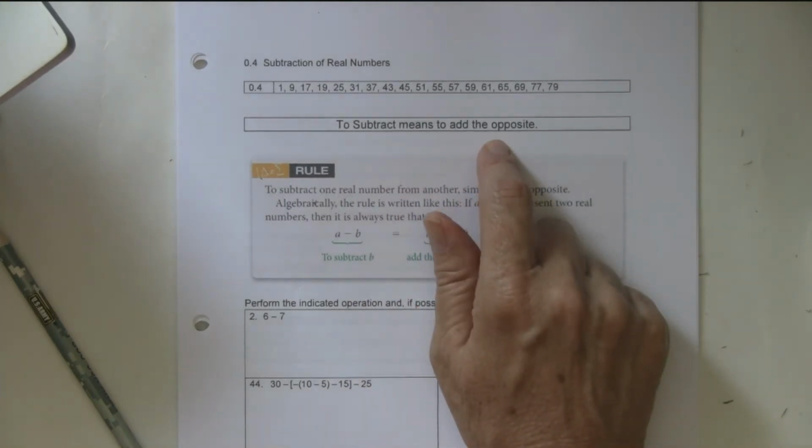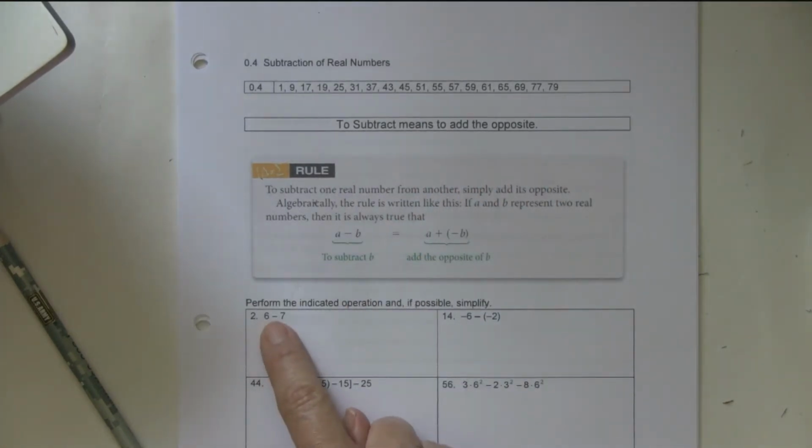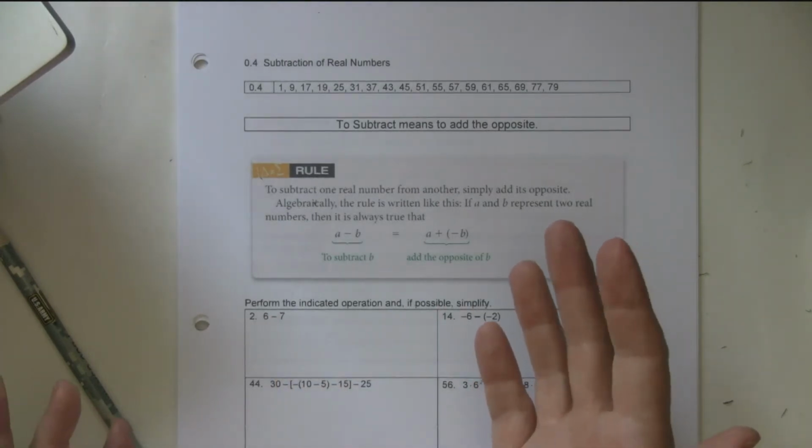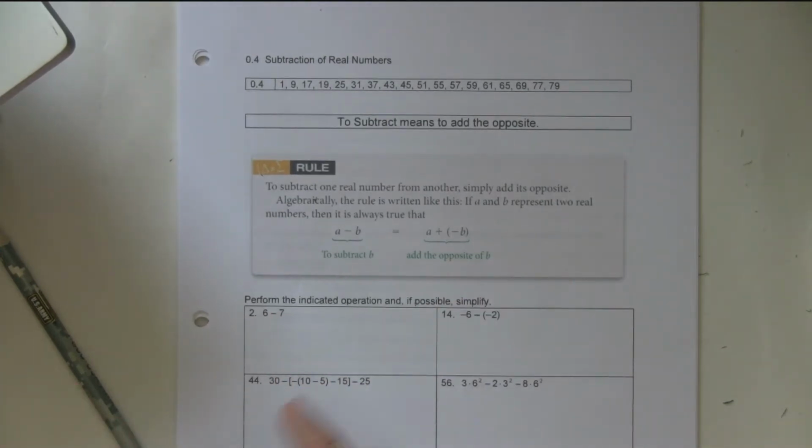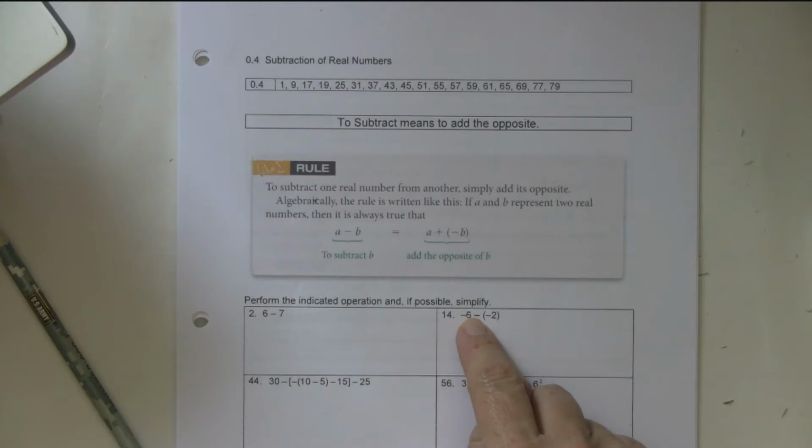If you look at 6 take away 7 and you know the answer and you get the answer right all the time, and you look at -6 subtract -2 and you know the answer, then you don't have to rewrite it. But when you're first learning, it's like riding a bicycle: you start off on your training wheels.